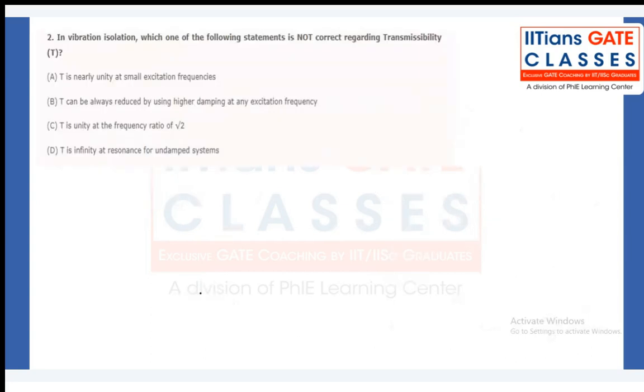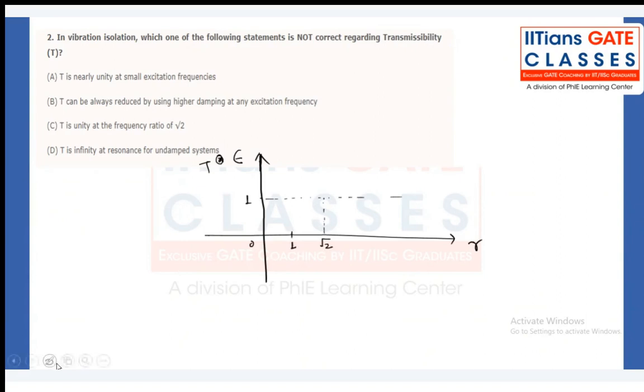In a vibration isolation, which of the following statements is not correct regarding the transmissibility? Every graph needs to pass through these 2 points.